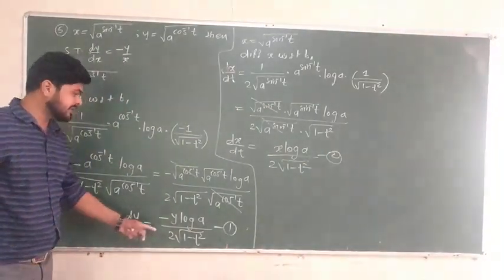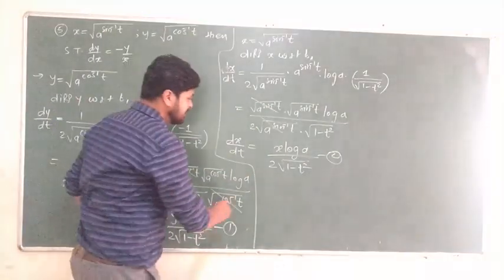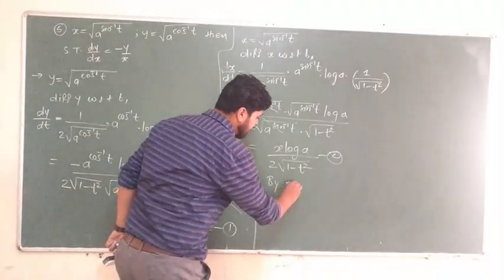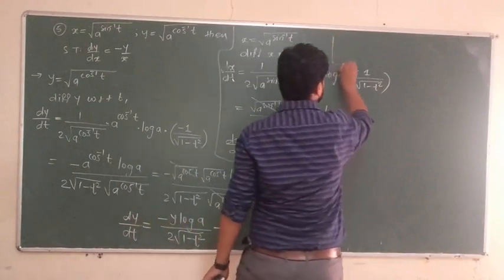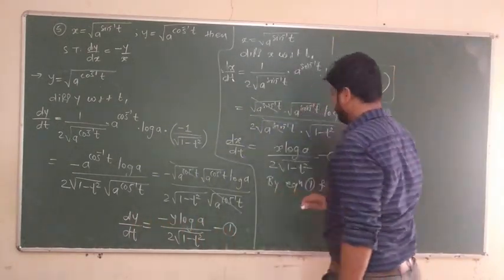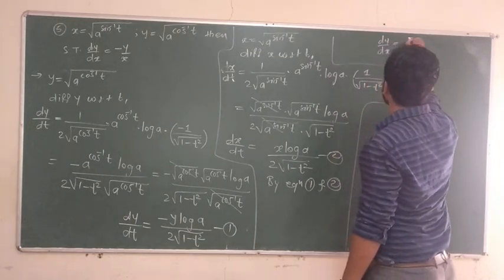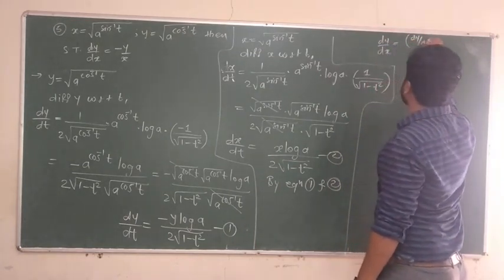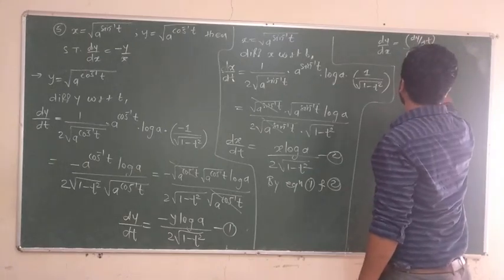Now by using equations 1 and 2, we find dy by dx. The formula is dy by dx equals dy by dt upon dx by dt.